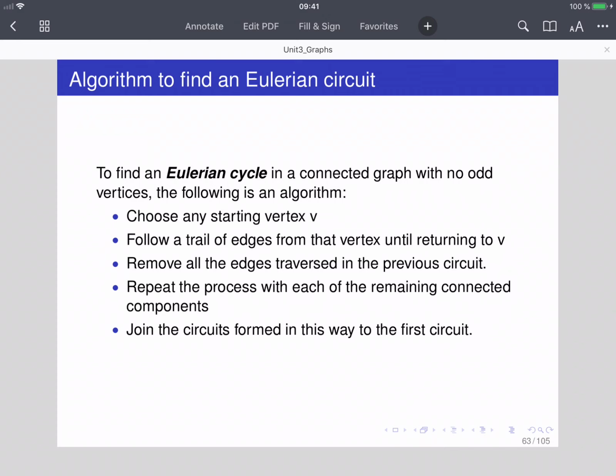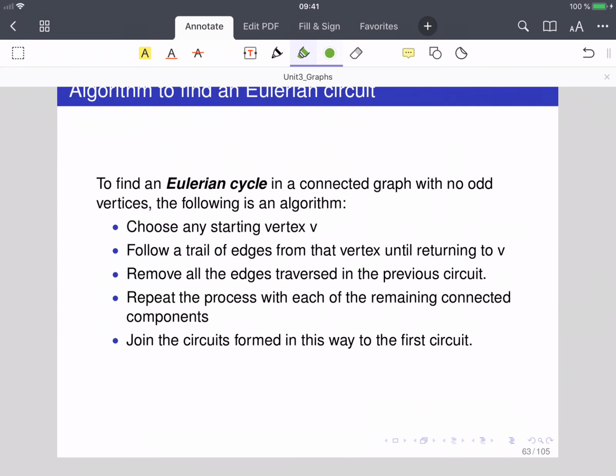So this is a recursive algorithm in which we can choose any starting vertex. It doesn't matter. You choose the vertex that you want. You will maybe obtain a different cycle, but independently of the vertex that you choose, you are going to be able to find the cycle. At least one.